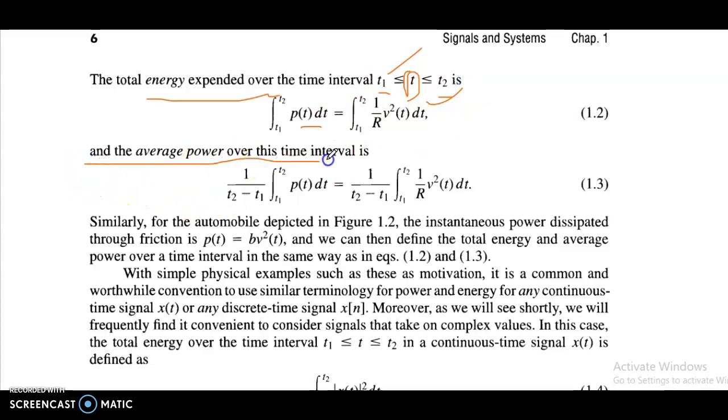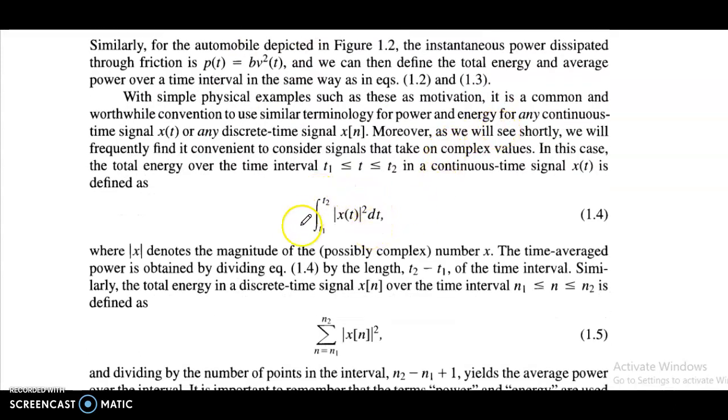And the average power over this time interval is 1 by (t2 minus t1) times the integral over t1 to t2 of p of t dt, which equals 1 by (t2 minus t1) times the integral over t1 to t2 of 1 by R v squared of t dt.